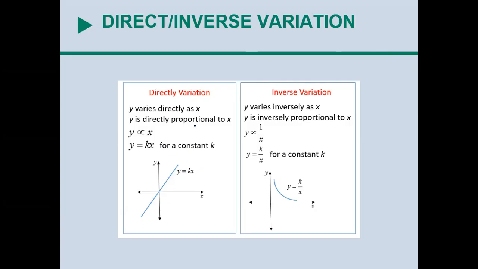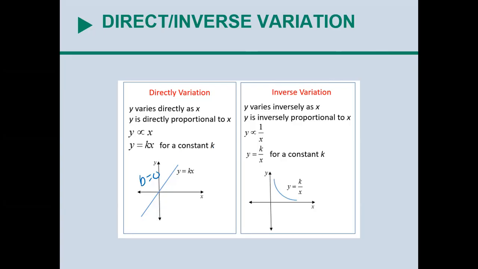So direct variation is just your b equals 0. That's the main thing. When that happens, it's called constant k, but you're just looking at b equals 0.